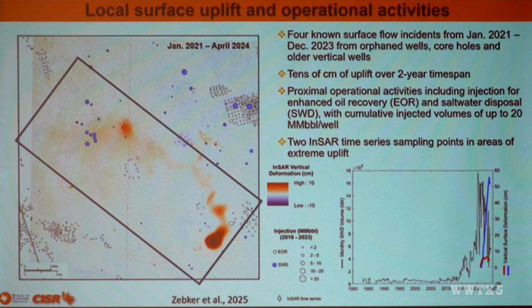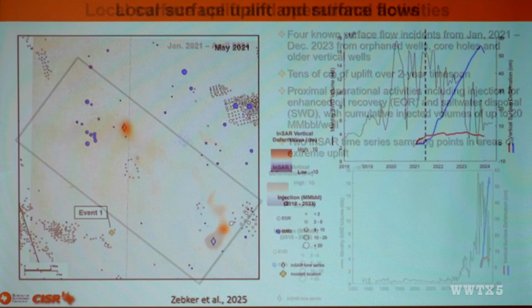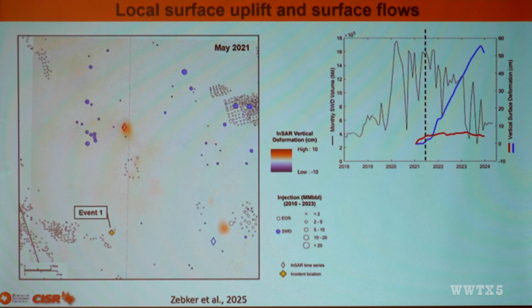It can be used as a monitoring tool to see if something can or will go wrong if we don't do anything. That's between 2021 and 2024. So going back in time, that's the way it was in 2021.